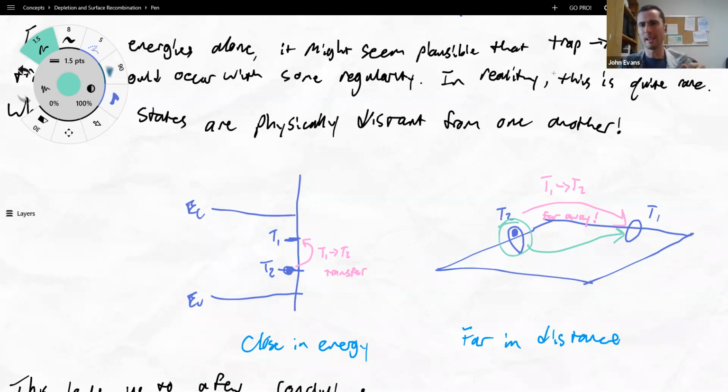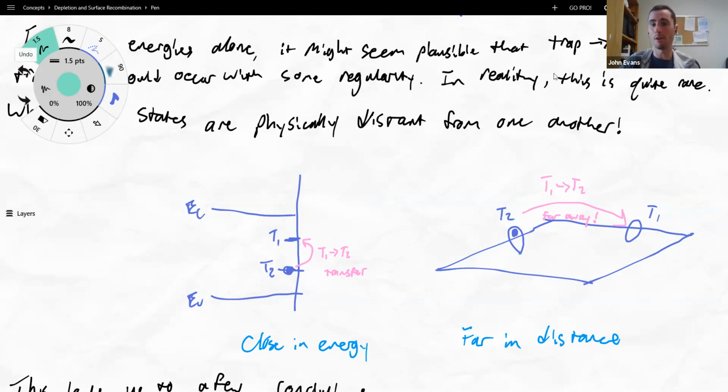If you were to calculate the concentration of surface defects, to give you an idea, 1% is kind of high. It's not ridiculous, but 1% defects in a surface is a pretty high density of defects. So you can imagine that there's usually a good amount of space between these different states.